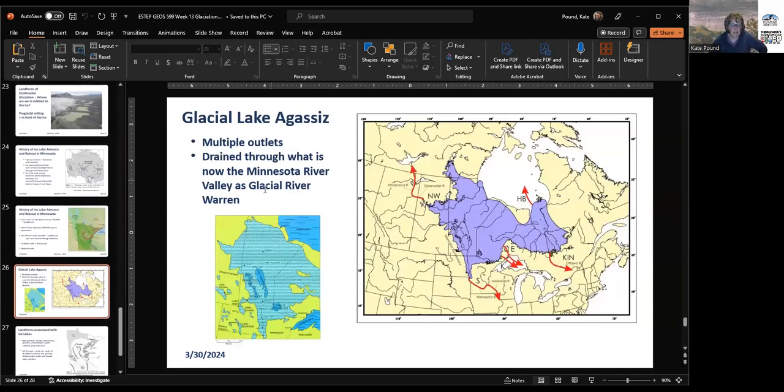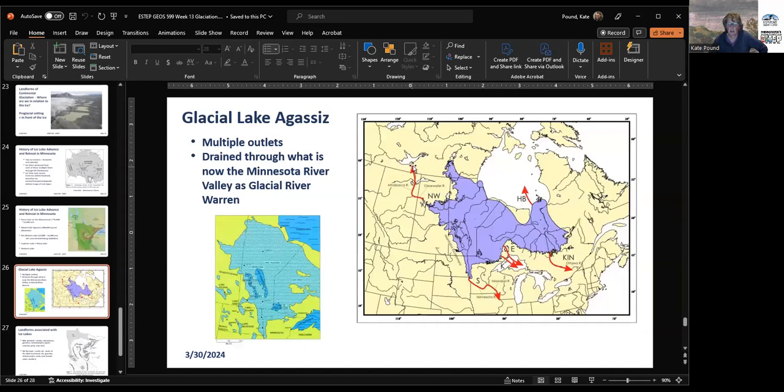Now let's just think about when the Des Moines lobe melted. That meltwater basically filled up Glacial Lake Agassiz, shown here. This is Hudson Bay. Here we have Minnesota. And Glacial Lake Agassiz drained in different directions, shown by these red arrows.